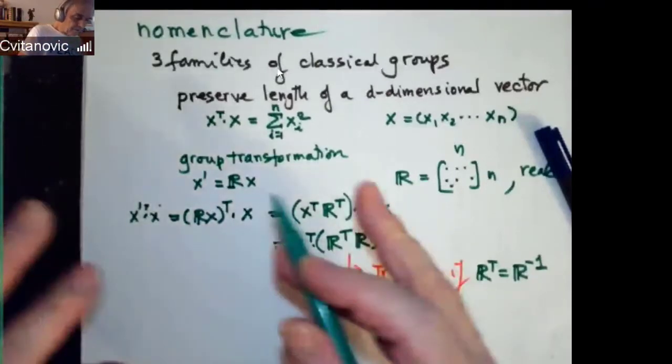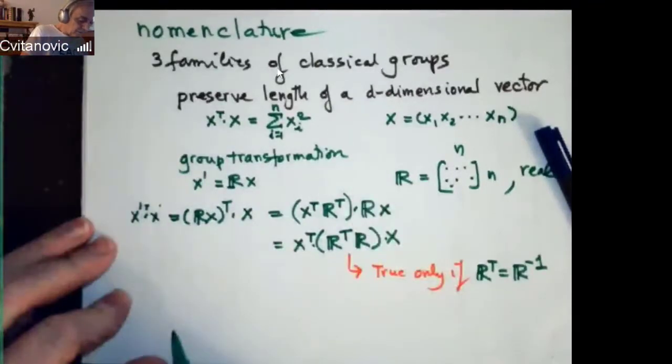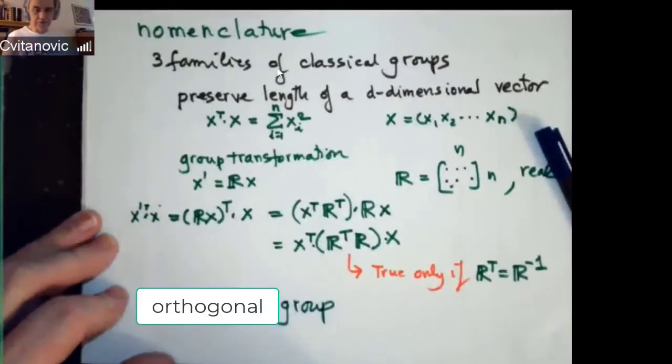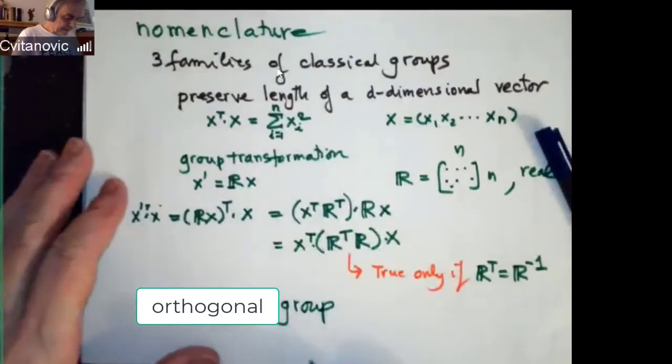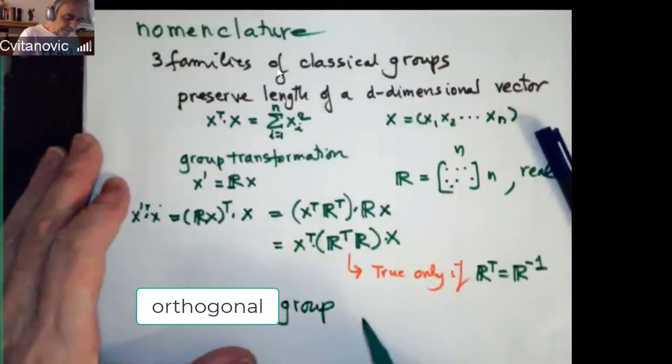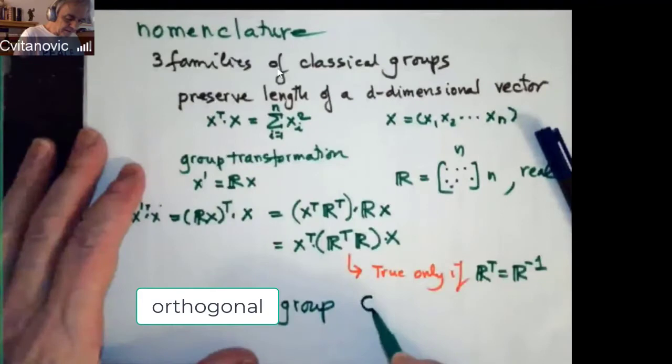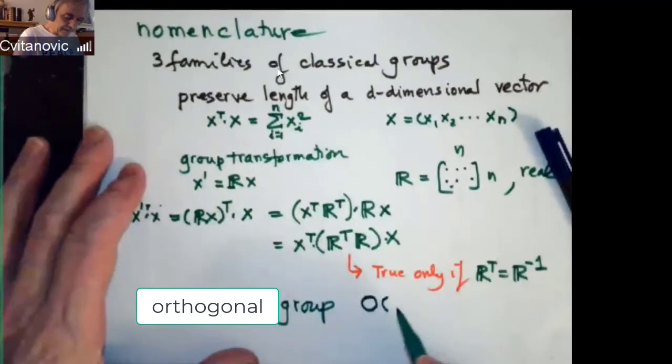So that's now called the orthogonal group because it preserves orthogonal coordinate frames. And the usual way to write it is to write O(n), the orthogonal group in n dimensions.